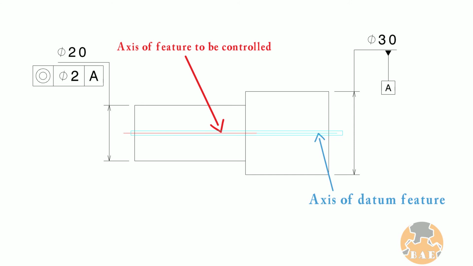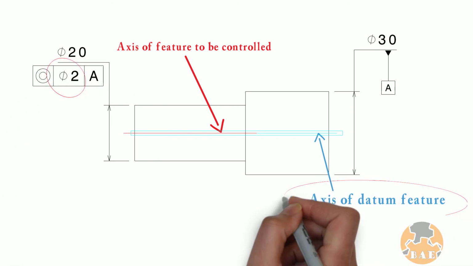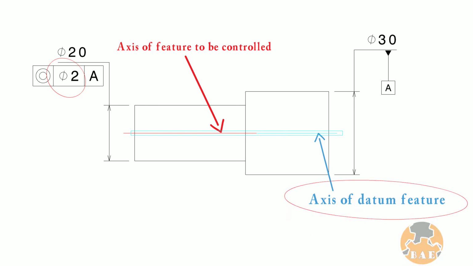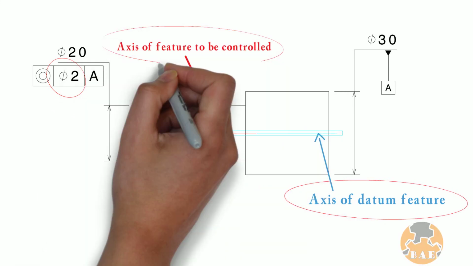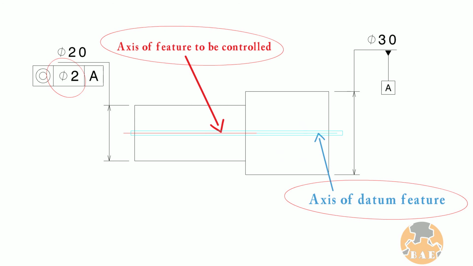We will repeat again. If we make a cylinder of this diameter around the axis of the datum feature, which is in cyan color, then the axis of the feature which we want to control, which is in red color, should lie in this cylinder.